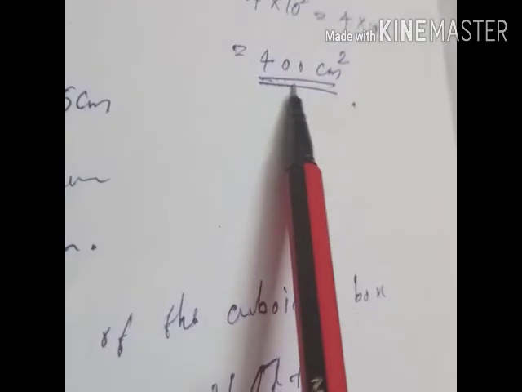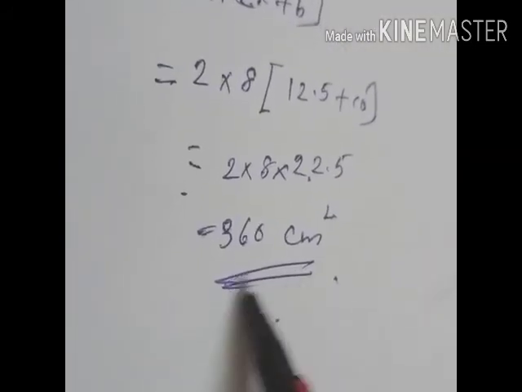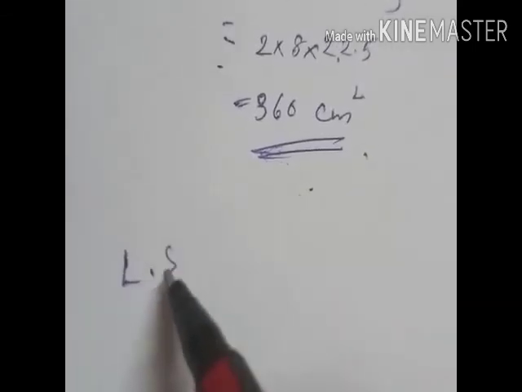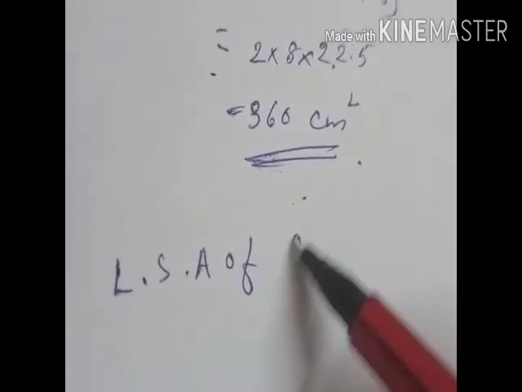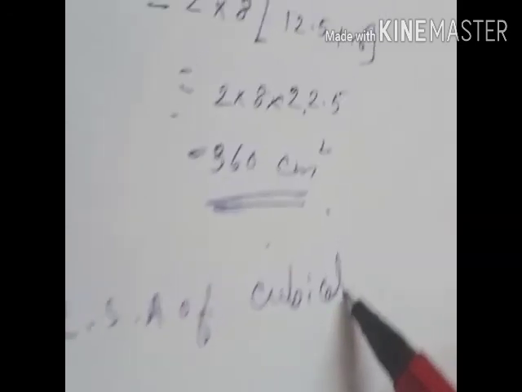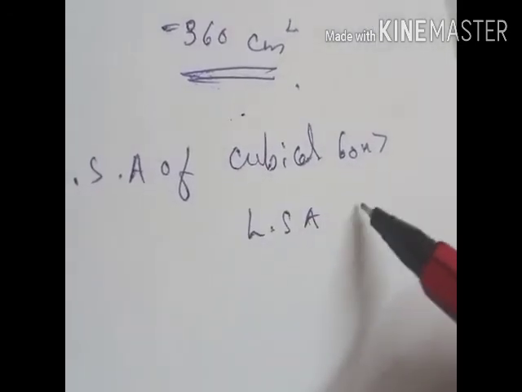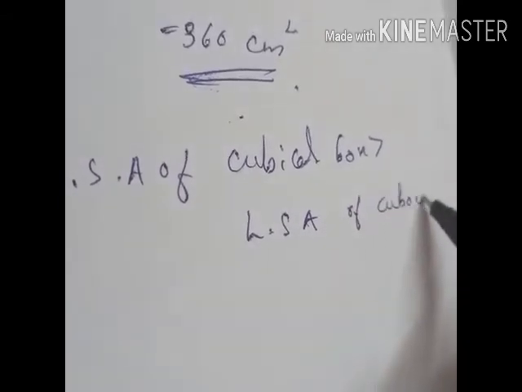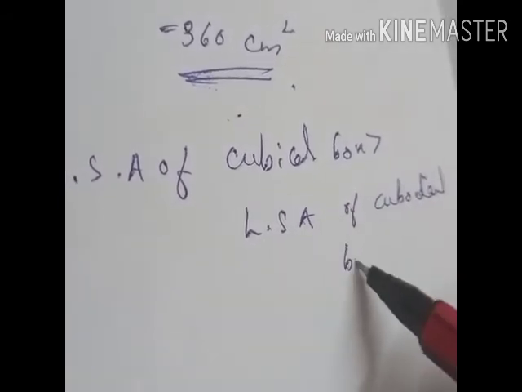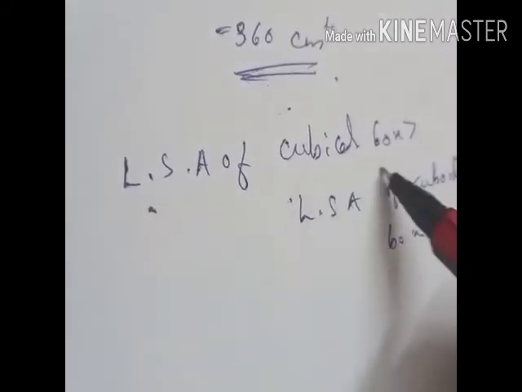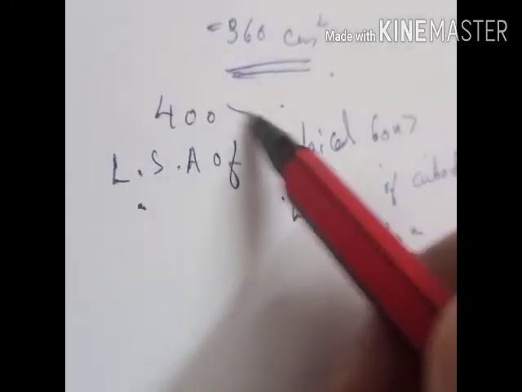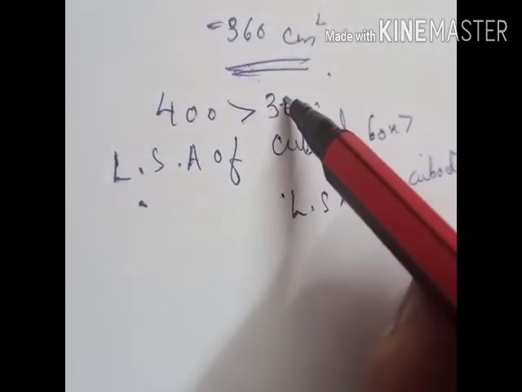We got LSA of the cubical box as 400 and the cuboidal box as 360. So LSA of the cubical box is greater than LSA of the cuboidal box, that means 400 is greater than 360.